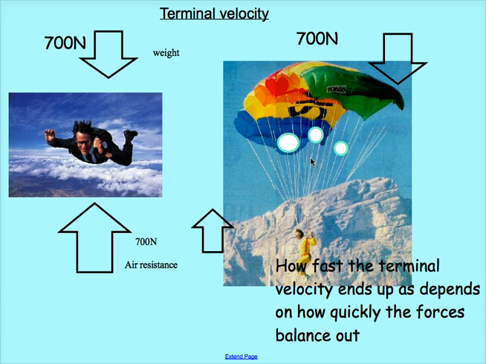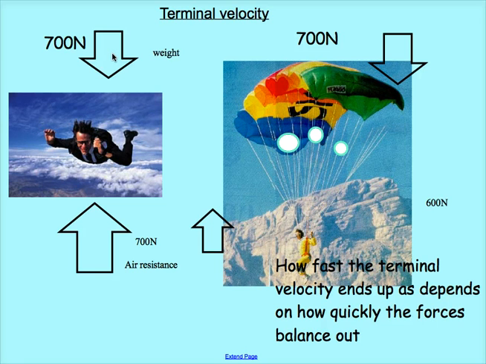So straight away we've got huge amounts of air hitting him and the parachute, so at the beginning you might have an air resistance of 600 newtons right at the start, and it doesn't take long to balance out. So if it hasn't taken long, he hasn't had much time to speed up or accelerate.